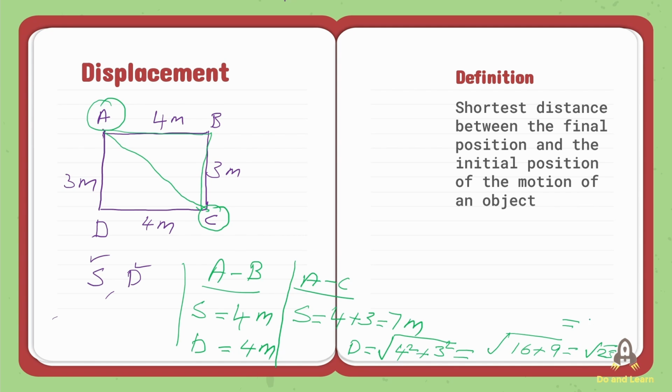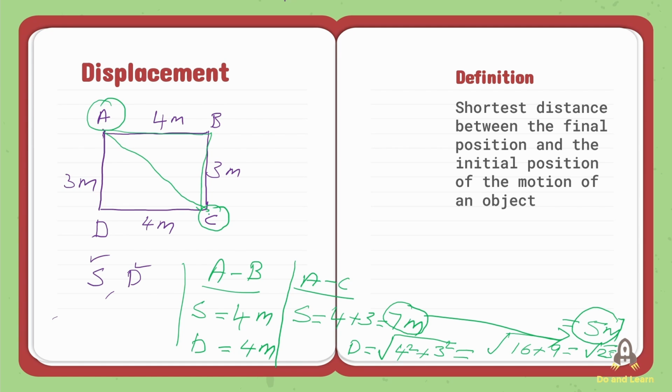What is the value of square root of 25? 5 meter. Okay, so we have got distance is equal to 7 meter, displacement is equal to 5 meter. It is clear that displacement is less than distance.